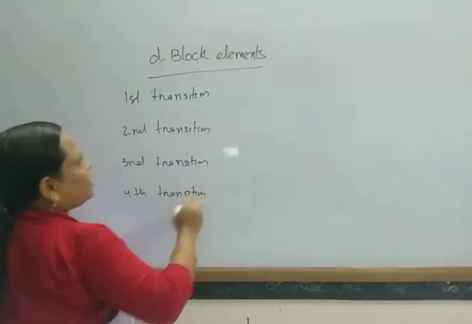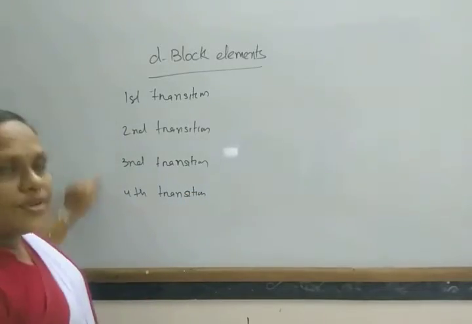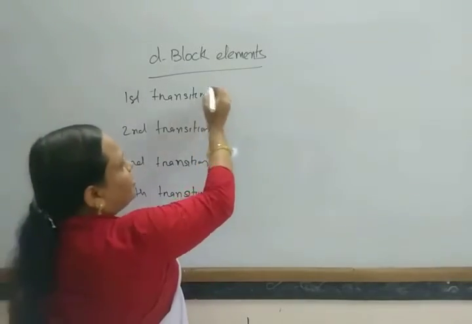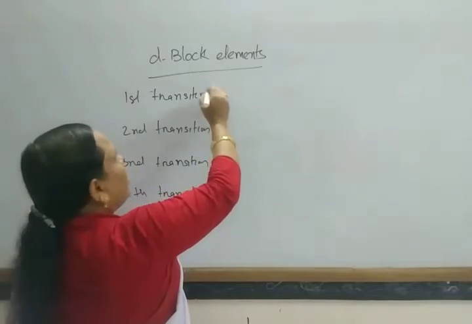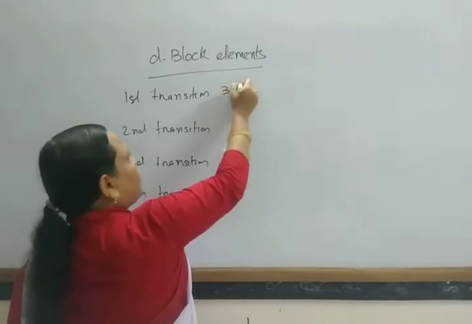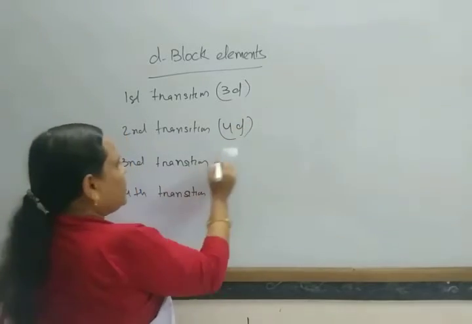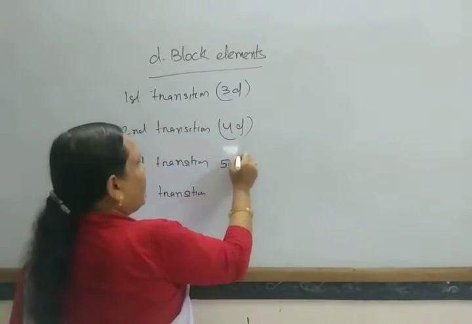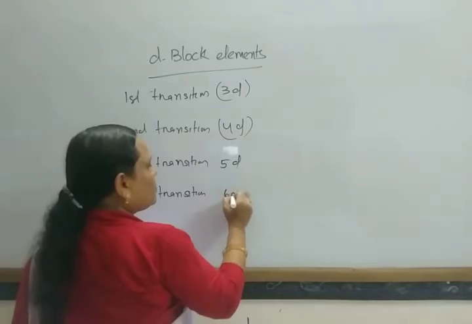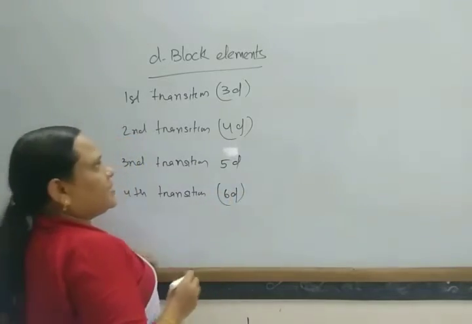So this consists of 4 series. The first transition series consists of 10 elements. These are also called the 3D series. These are known as the 4D series. These are known as your 5D series, and this is also known as your 6D series.